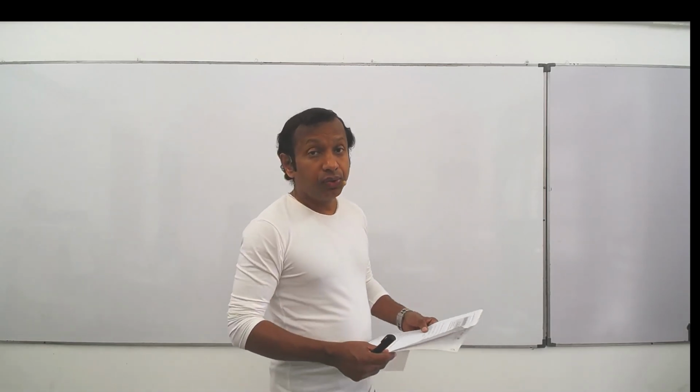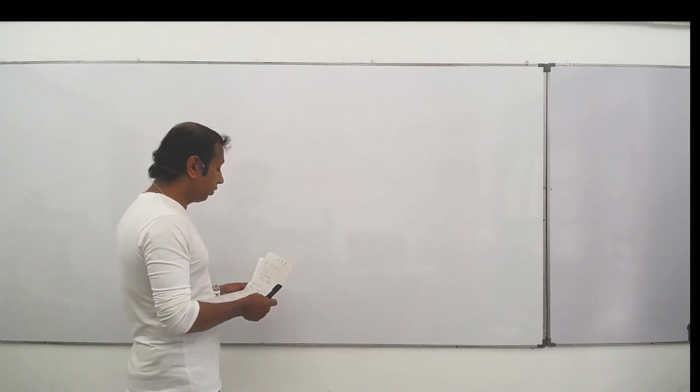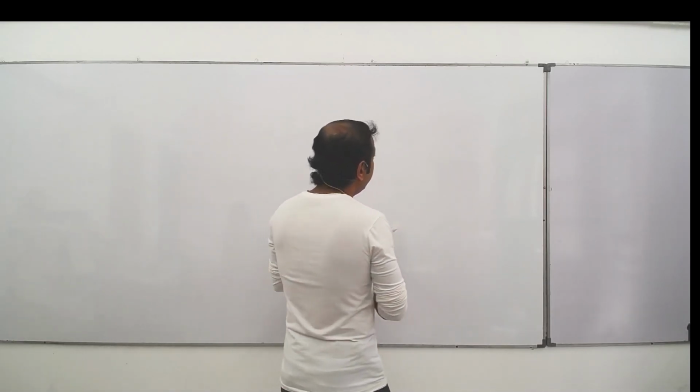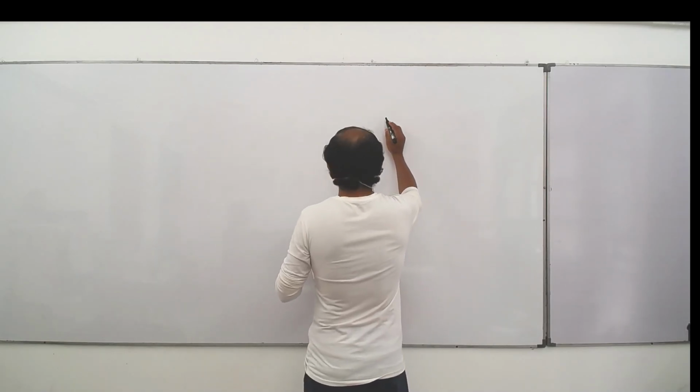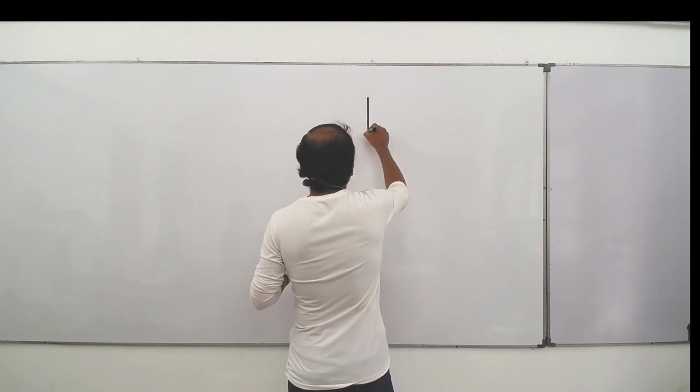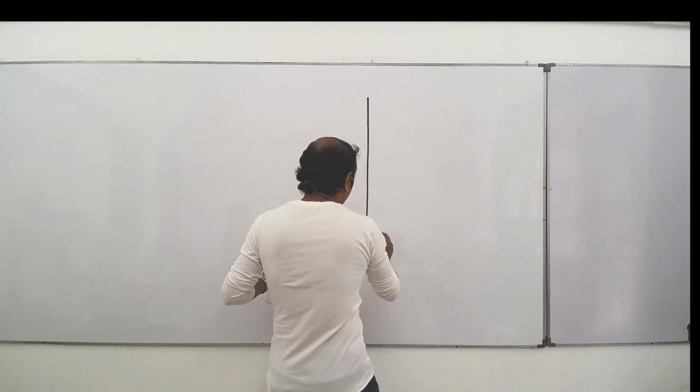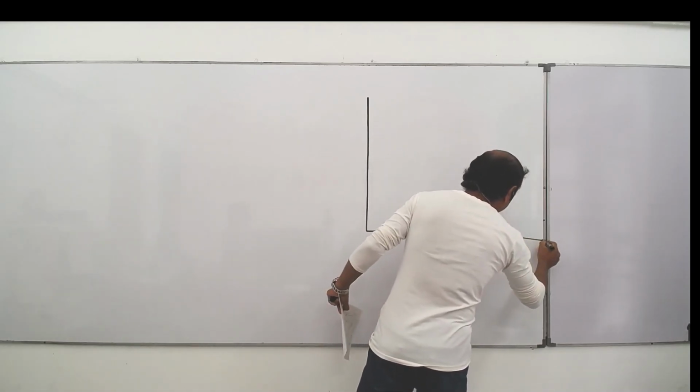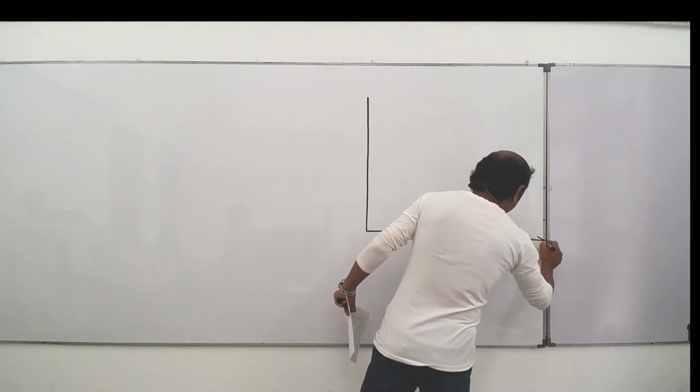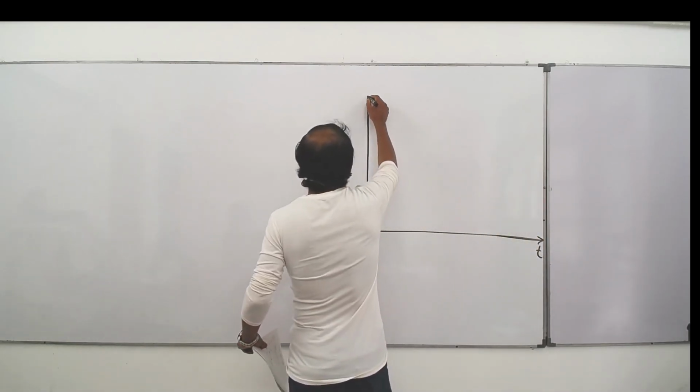Right. So in the VT graph, first it moves with a certain acceleration a this way. This is the time axis and this is the velocity axis.